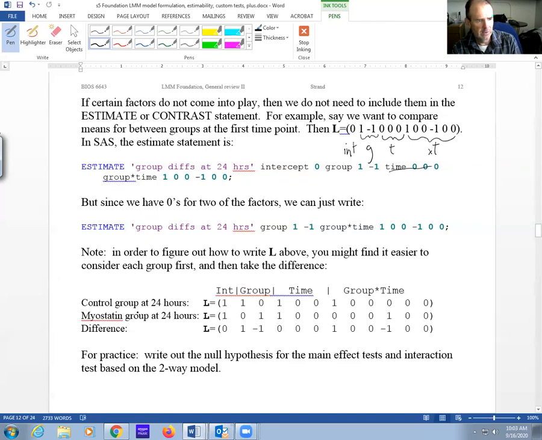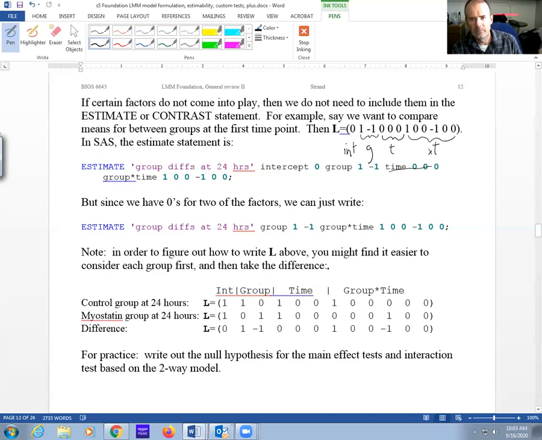So if we consider the control group at 24 hours, we know we're going to have a 1 for the intercept, a 1 for the first group. That's the control group. And the second is going to be myostatin.